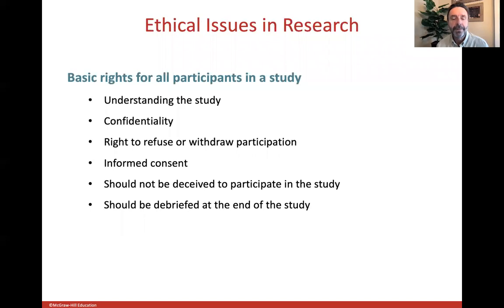And since then, we have come up with a set of ethical rules and regulations that most, if not all, scientific researchers in the area of psychology adhere to. These rules are often regulated by institutional review boards, IRBs, that take a look at scientific psychological studies before they happen, and then they are approved by a panel of professionals.